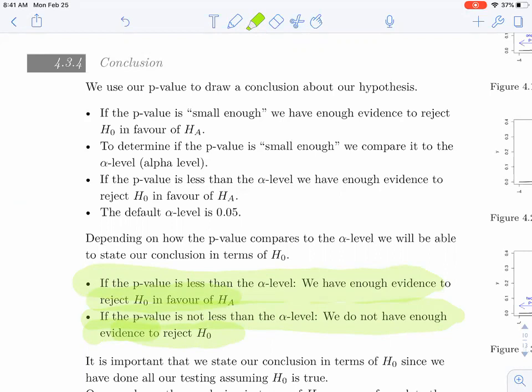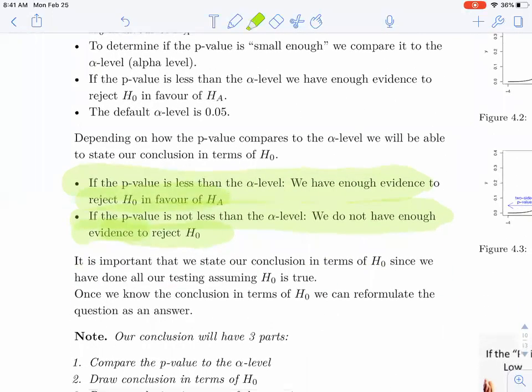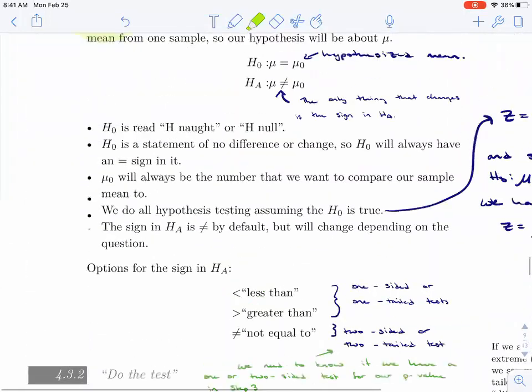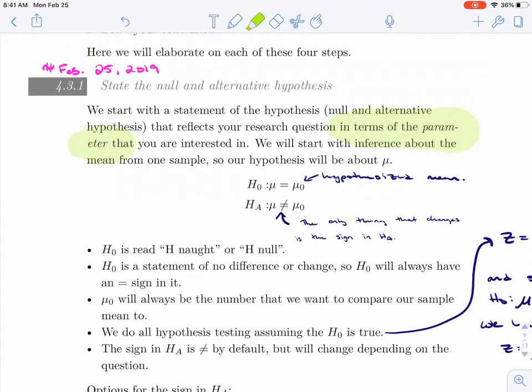Notice that we're drawing our conclusion in terms of, well, can we reject H naught or can we not reject H naught? So we only state our conclusion in terms of the null hypothesis. And the reason for that is because we've done all our testing assuming that the null hypothesis is true. The null hypothesis in general is that mu is equal to mu naught.